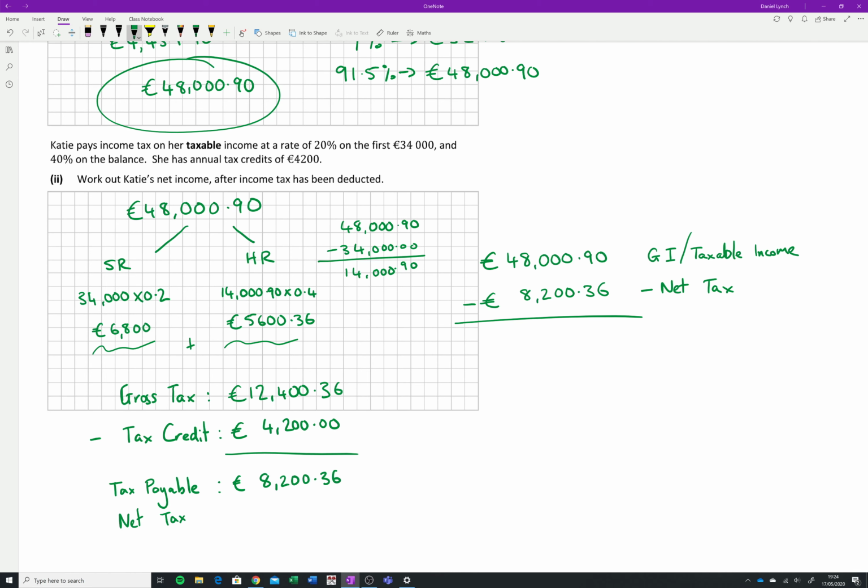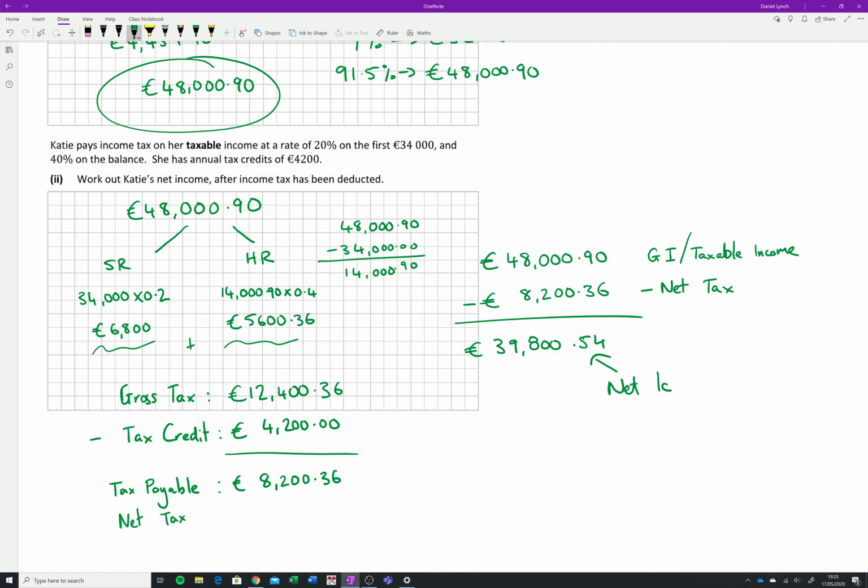Yeah, so 48,000 and 90 cents, minus 8,200.36. So that's 39,800 and 54 cents.